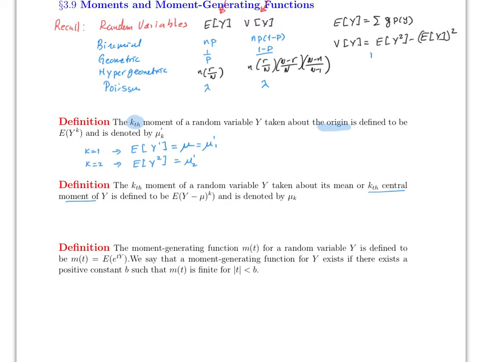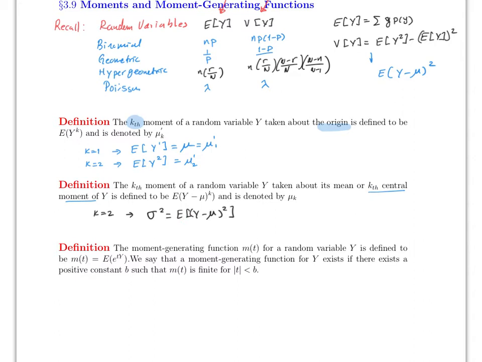Remember that you can also rewrite it as the expected value of y minus mu squared. So in essence, if k is equal to 2, then this is the actual definition that we have for the variance of any random variable.